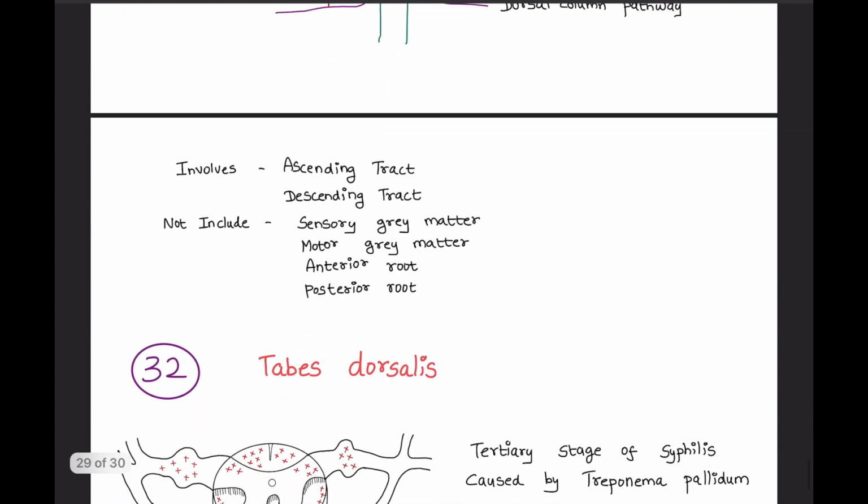That is, the sclerosis is seen only in the white matter. In the white matter of the spinal cord, you have only the ascending tracts and descending tracts. So the gray matter is spared, not affected.